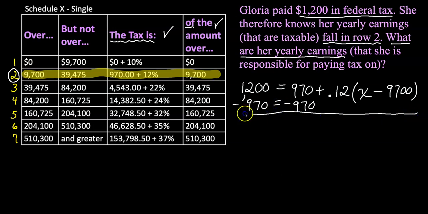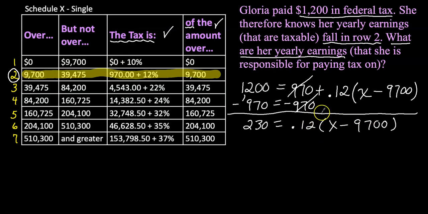And let's simplify this. That goes to 0 right here. Now 1200 minus 970 is 230. And that equals 0.12 times x minus 9700. Now there's multiple ways to solve this. You can distribute the 0.12 with the x and the 9700 using the distributive property. But I look at it this way. The 0.12 is multiplied by this whole quantity.